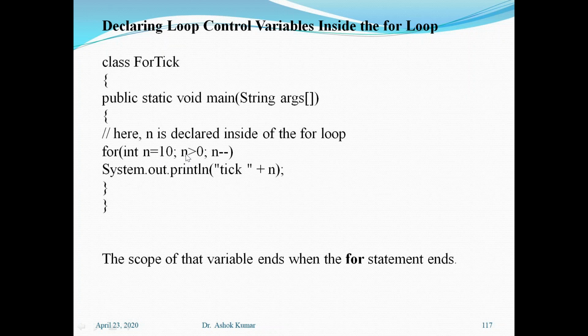When the control comes out of the loop, this variable n will cease to exist, right? Because you have defined it in the loop, it will keep on existing as long as the body is executing. As the body terminates, the control will come out of the loop, and your program comes to an end.